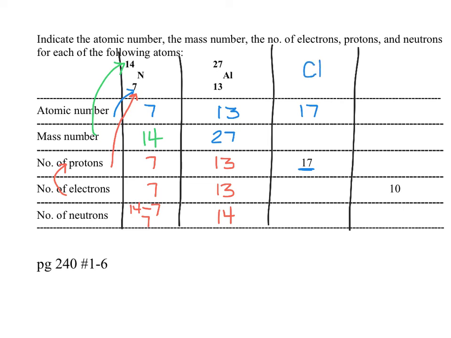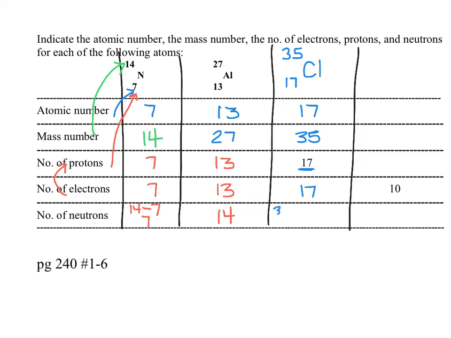So the element I'm looking at has a mass number of 35 if I round it off properly. So 35 is my mass number, and 17 protons was given to me. I know that the protons are equal to the number of electrons, so I've got 17 electrons.